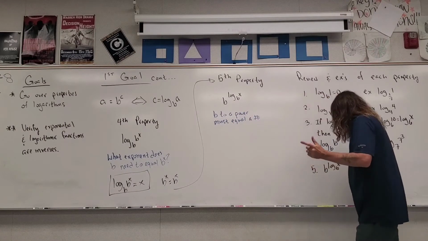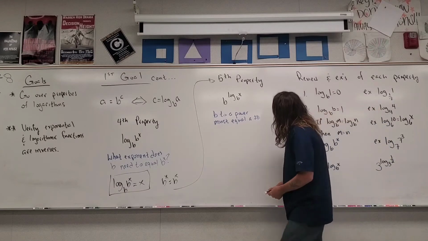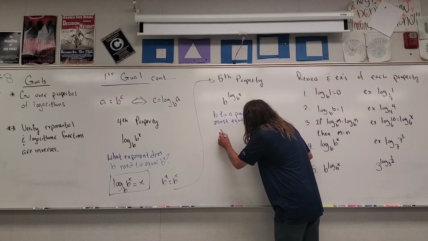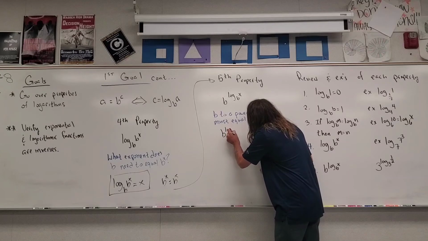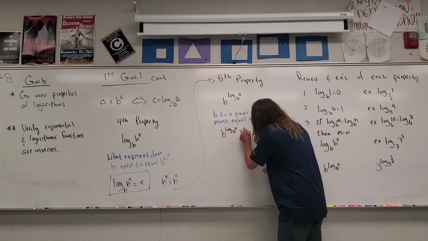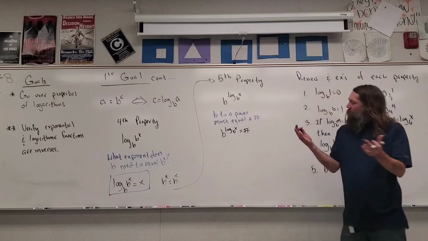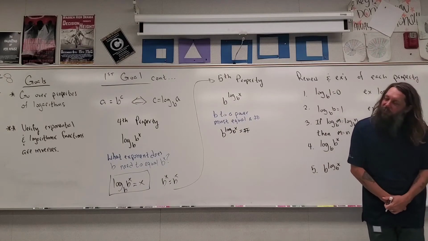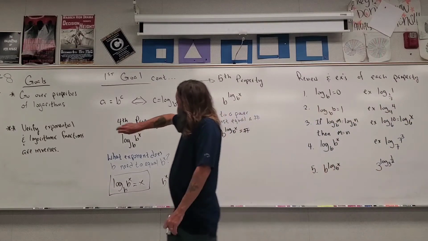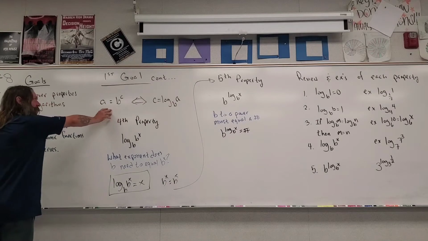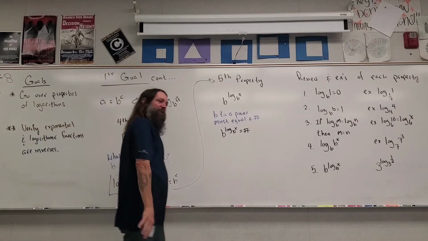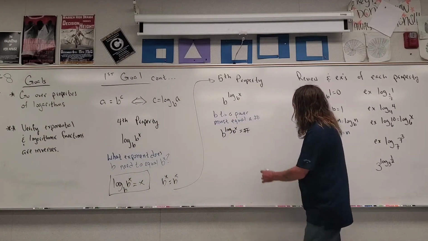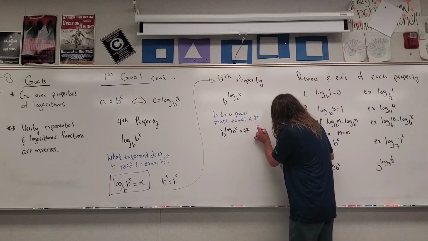So I can now say that b to the power log base b of x is equal to a number. But now I have an exponential equation, so I can rewrite it as a log.